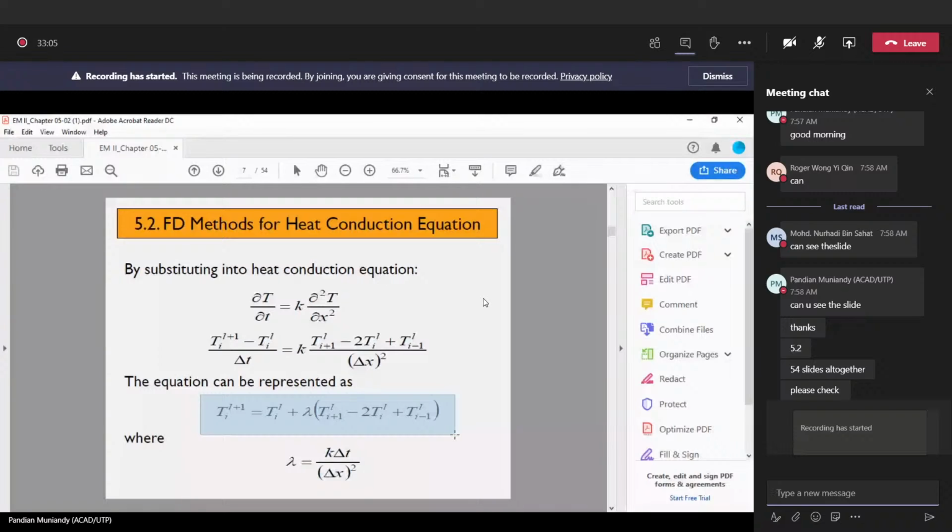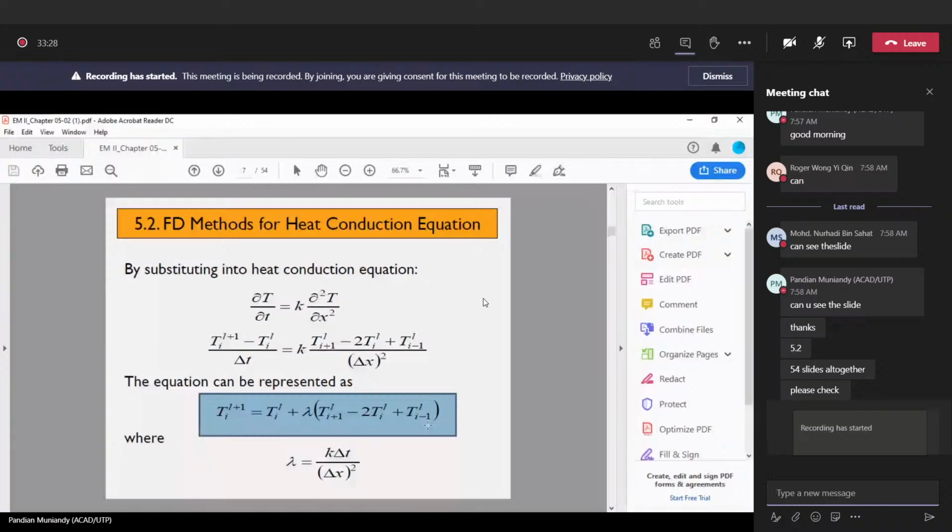The rest is not necessary. T superscript L plus 1 subscript I equals T superscript L subscript I plus lambda in the bracket T superscript L subscript I plus 1 minus 2 T superscript L subscript I plus T superscript L subscript I minus 1. So the L always starts from 0.